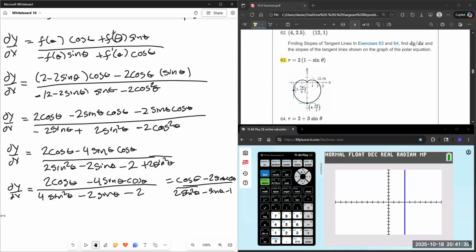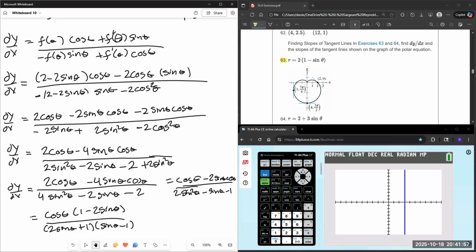And I can factor here: cosine times 1 minus 2 sine over 2 sine theta, and that's sine theta, and I want a minus 1 and a plus 1.